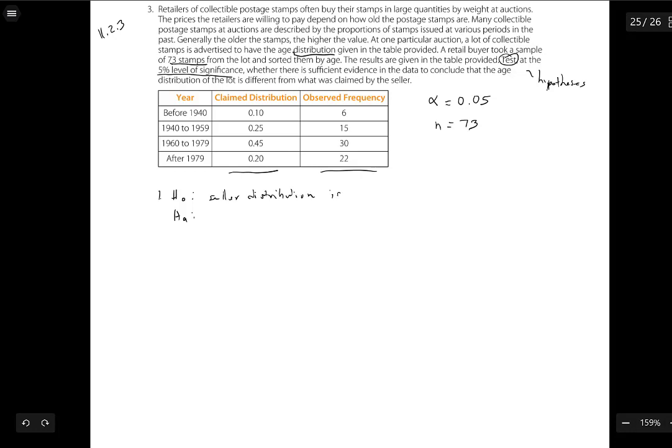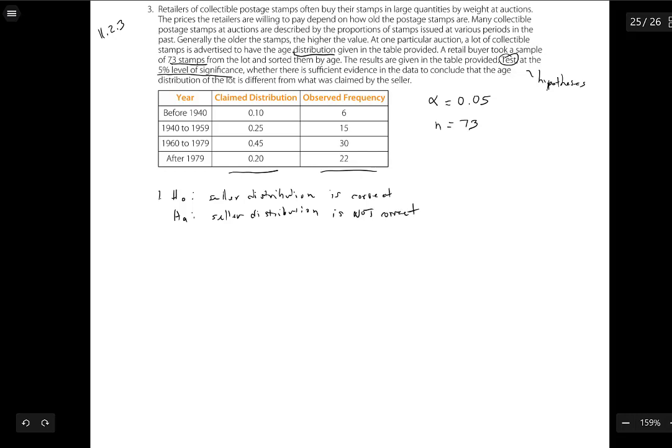In other words, the data that the buyer sampled and observed matches the claim distribution. And the alternative hypothesis is that the seller distribution, what he or she claimed was being sold, is not correct.